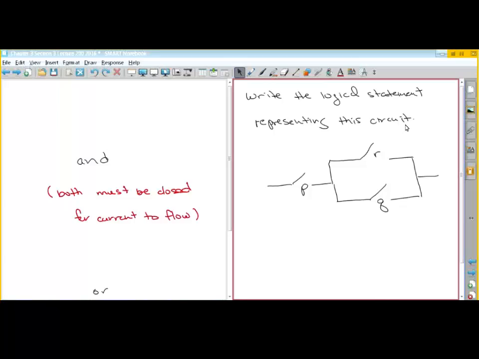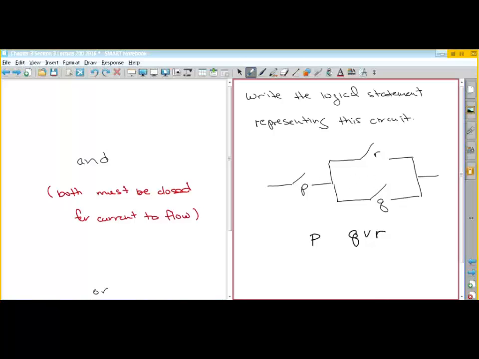So the answer is, the way we would do it is we'd start with the parallel part, and we'd say we have either R or Q, or Q or R. It doesn't matter. The order is not important, so I'll do it in alphabetical order. So it's going to be Q or R for that part of the switch. And then that is connected to the P switch.